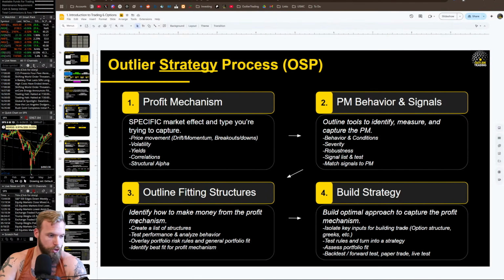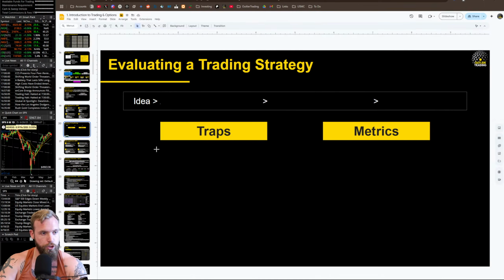Okay. So if we now move on to the concept of evaluating a trading strategy, you'll notice that the very first thing that's here is idea. You can't evaluate a trading strategy unless you have some sort of idea on what it is you're trying to monetize, the profit mechanism, and some idea on what it should look like. If you don't have this, then you can't evaluate what you're doing.